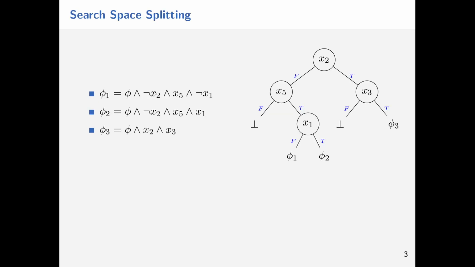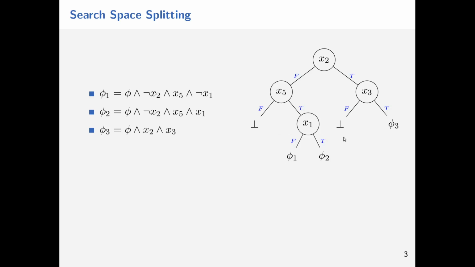This is a schematic of how the splitting of the search space and the formula happens. For example, at the top, if we pick variable x2 and set it to both true and false, we generate two subformulas, and on those subformulas we could, for example, on the left side pick x5 and split the problem further down.